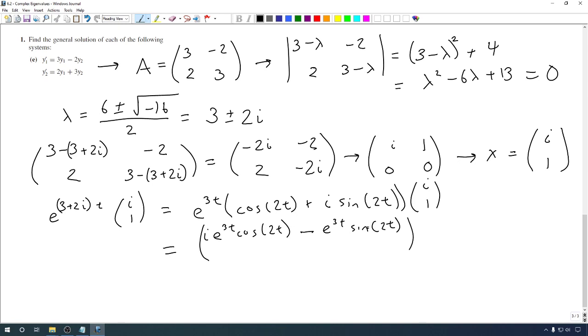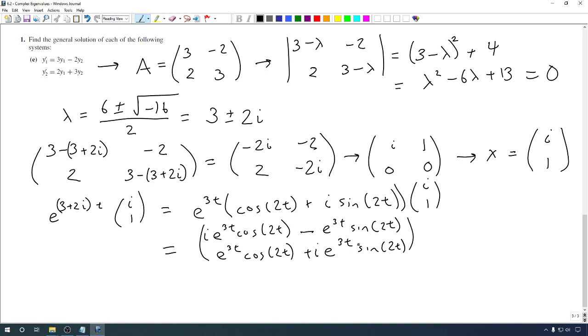That's our first component. Our second component, now we're going to go ahead and multiply this whole thing by 1. So really we have e to the 3t cosine of 2t plus i times e to the 3t sine of 2t.